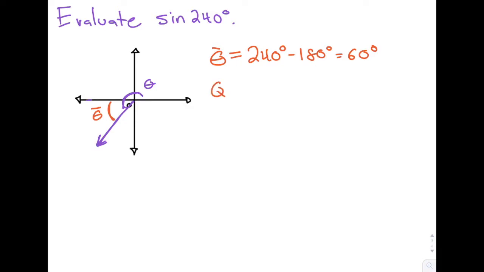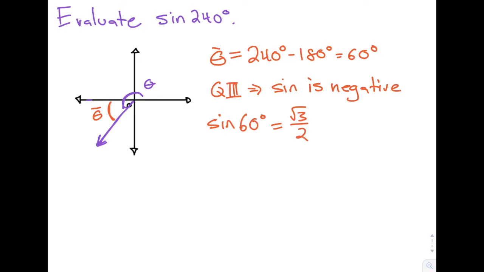Since we're in the third quadrant, sine is negative, since we have negative x and negative y, so we have negative y over positive radius. We know that sine of 60 degrees equals the square root of 3 over 2 by our special right triangles, our 30-60-90 triangle.